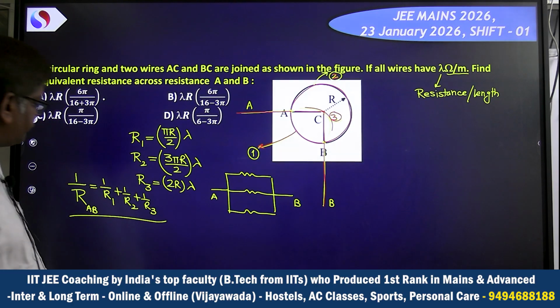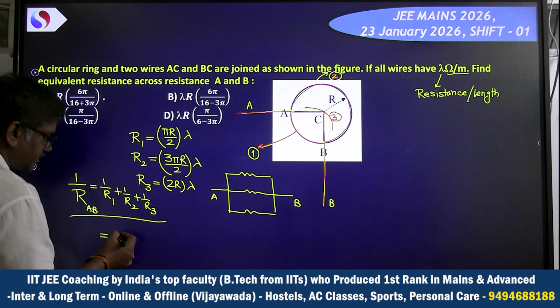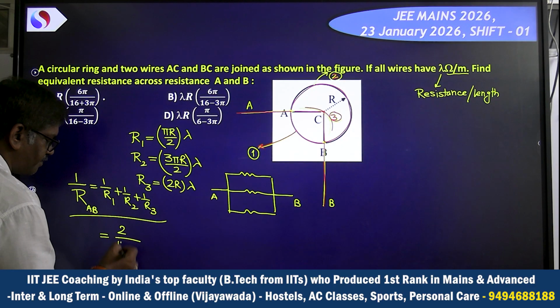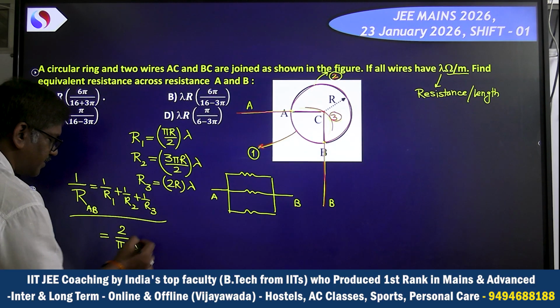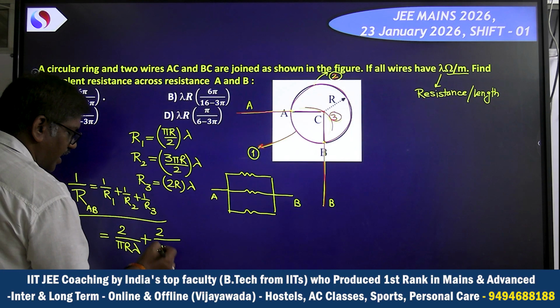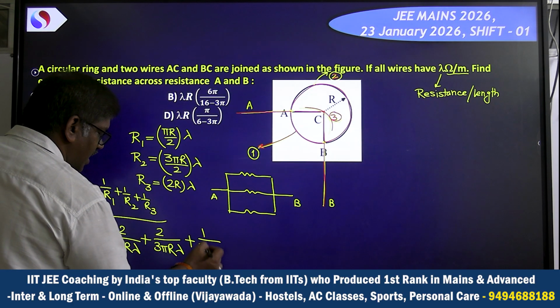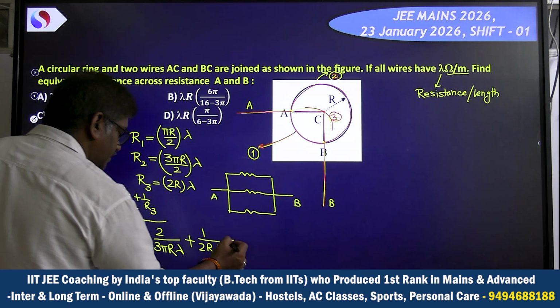Which is 2 by pi r lambda plus 2 by 3 pi r lambda plus 1 by 2r lambda.